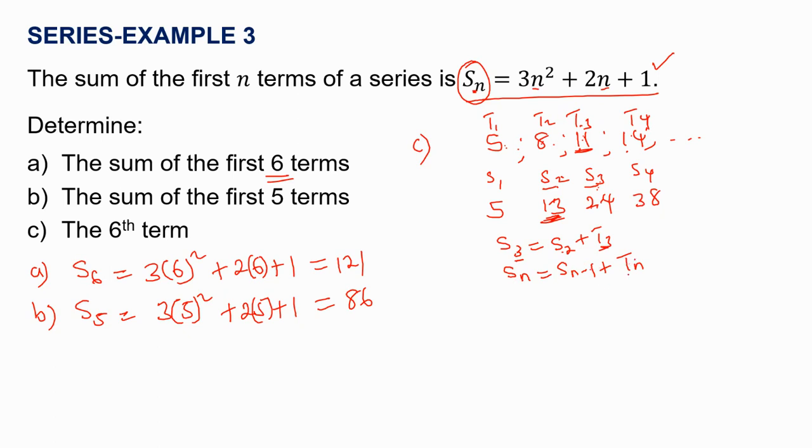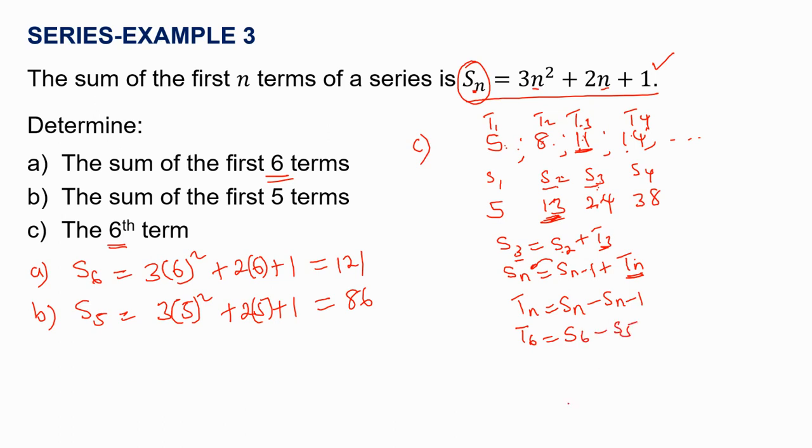And then we can make Tn the subject here and say Tn is equal to, if we bring this one this side, Sn minus S(n minus 1), like that. Here we're asked to find the 6th term. So we can find the 6th term by saying S6 minus S5.